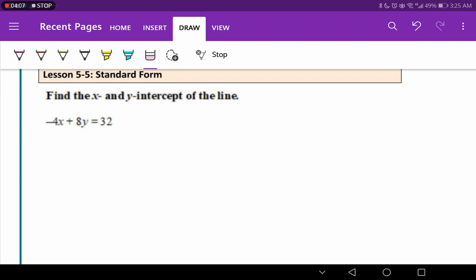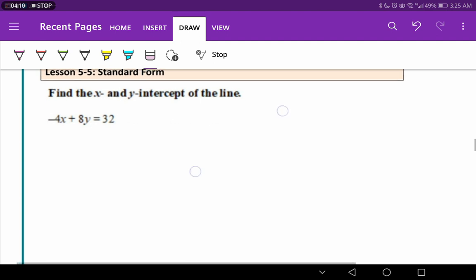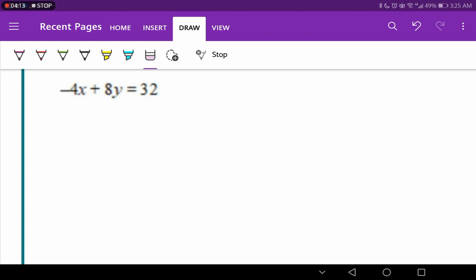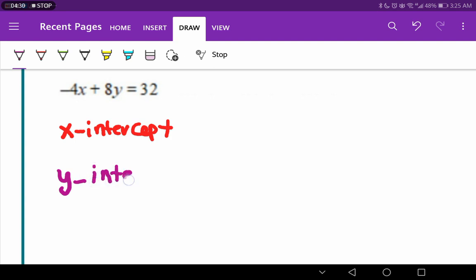Now find the x and the y-intercept of the line. This is a very important question. He asked me to find the x-intercept, and he also asked me to find the y-intercept. This is your mission, my dear student, to get the mark for this question. But you remember the song: x-intercept, y equals 0.